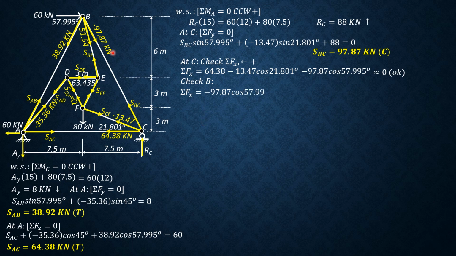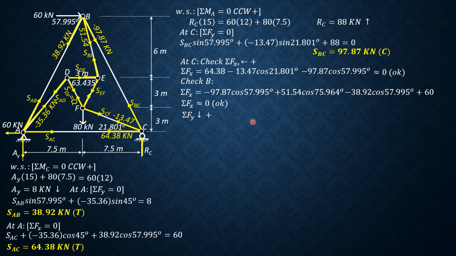So negative 97.87 cosine of 57.995 plus 51.54 cosine of 75.964 degrees, then minus 38.92 cosine of 57.995, so plus 60. Using the calculator, it is almost zero, so that's okay.